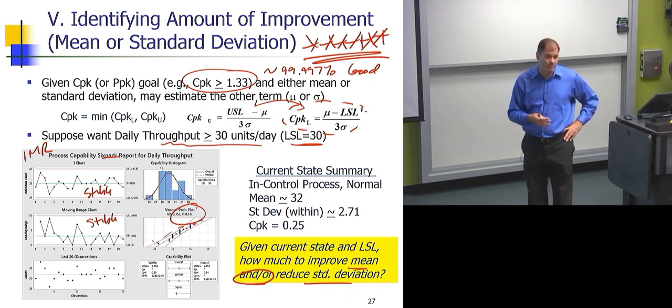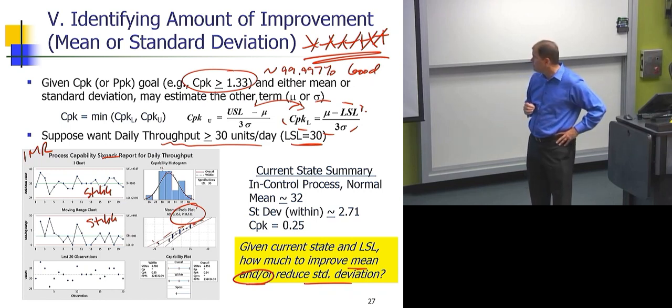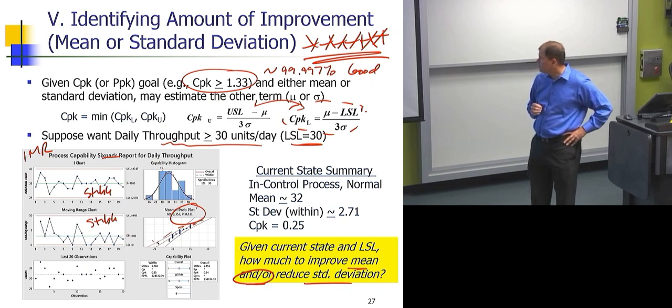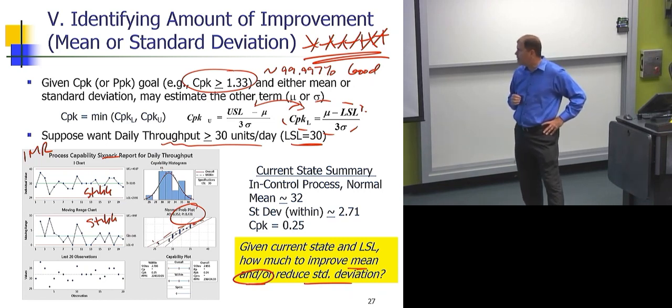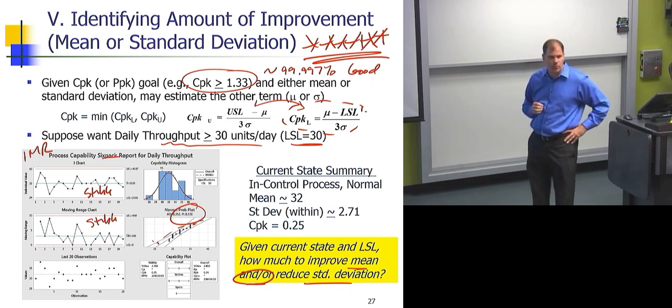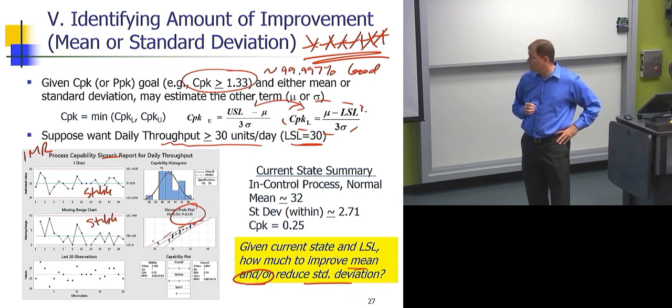That's a big drop. How about the mean? It says I want the mean to get to what number? 40.8. That's an individual chart.